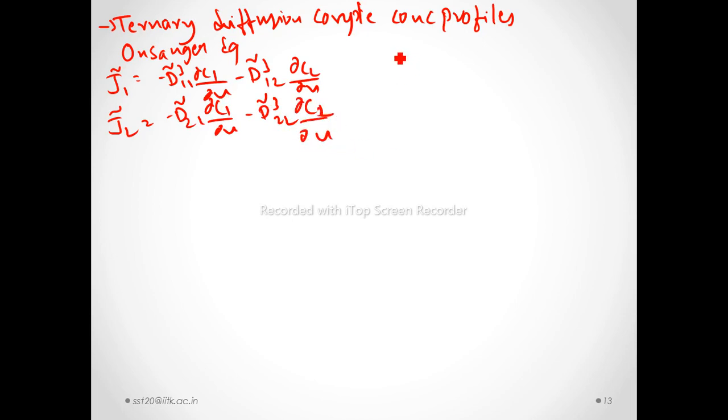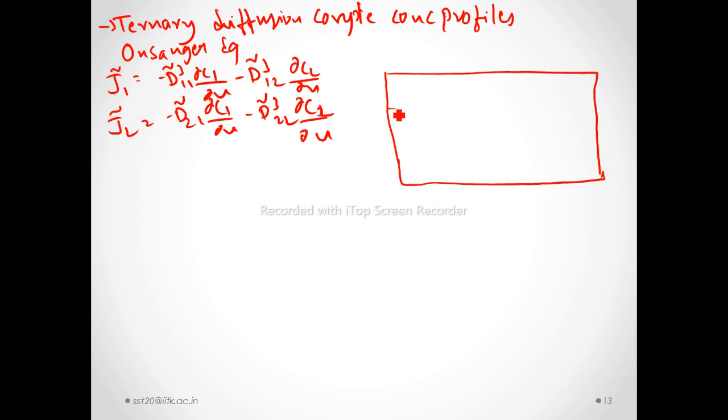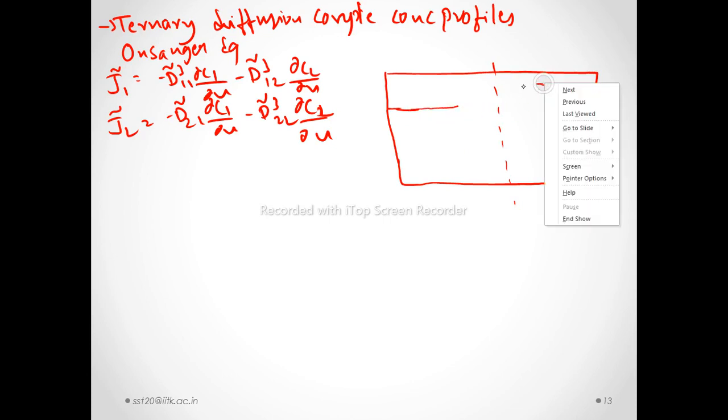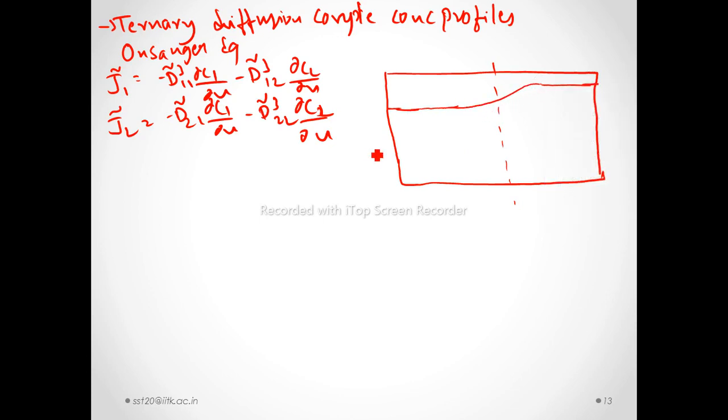So the concentration profile can be obtained for this ternary diffusion couple. It's like this. So this is the C3 value, and this is the C2 value.